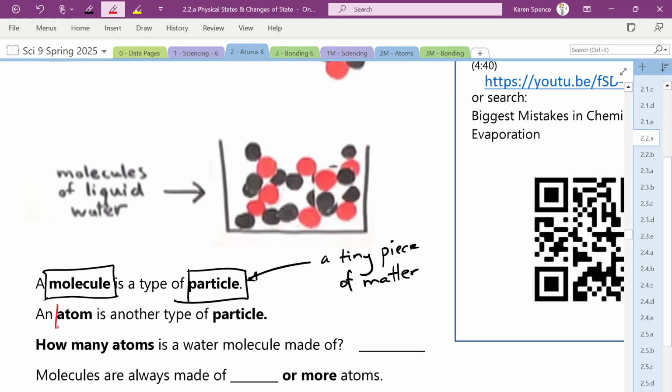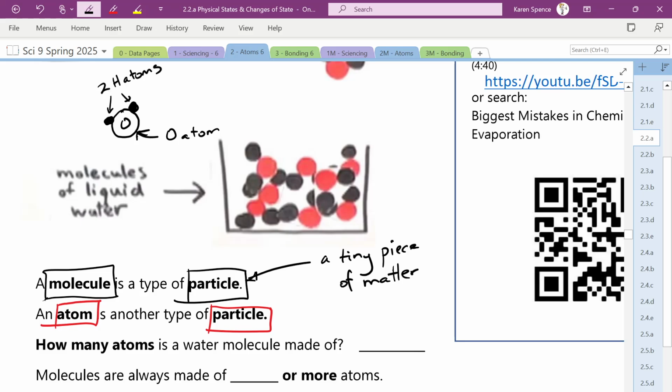An atom is another type of particle. And so we have a molecule which is made of an O atom, oxygen atom. And it's also made of 2 hydrogen atoms.